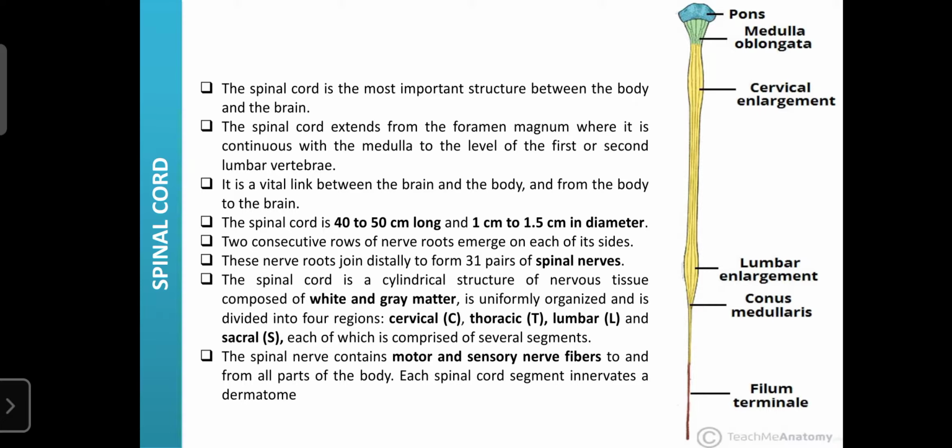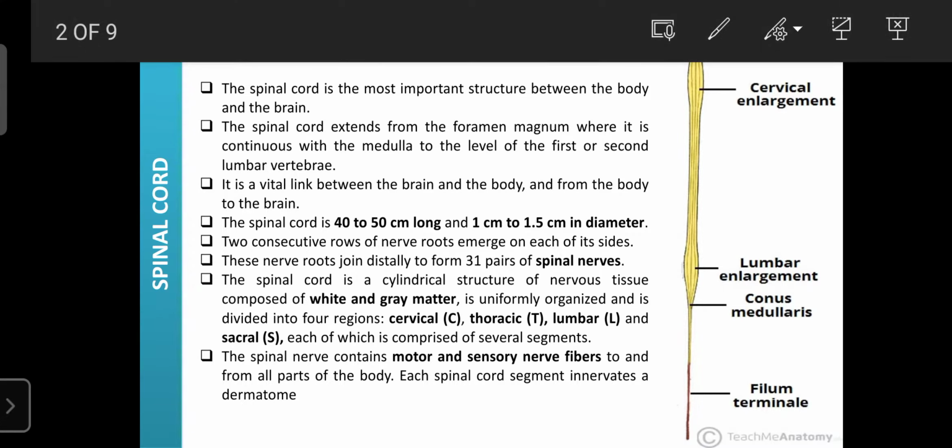It arises from the end part of the medulla oblongata, or the extended part of the medulla oblongata; that is the origin of the spinal cord. The spinal cord extends throughout the vertebral column. It passes through the skull through the foramen magnum.